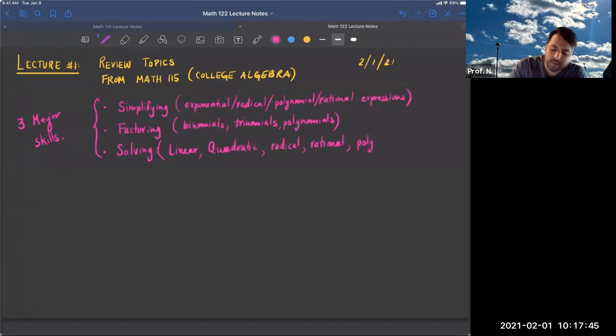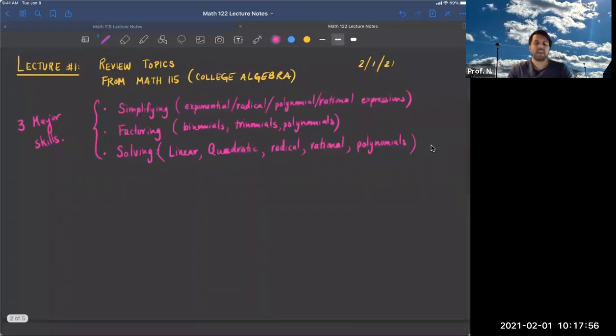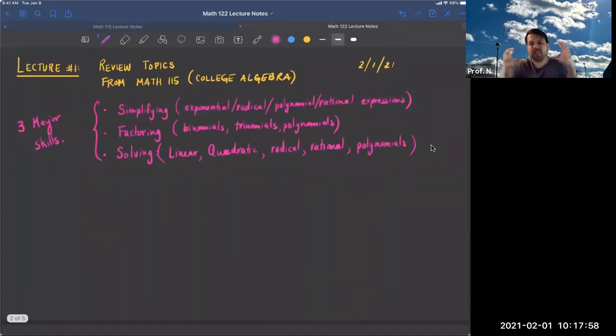Polynomial ones, the ones that are possible to solve. So again, Math 115 can be condensed into these 3 major skills. So let's start with seeing how good your factoring skills are. So let's look at factoring for now.